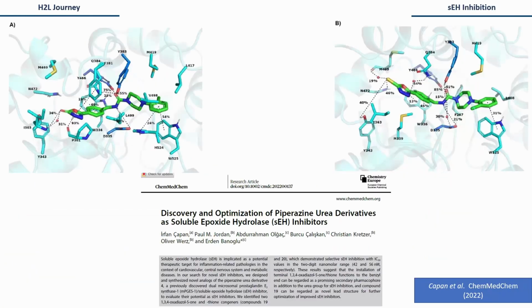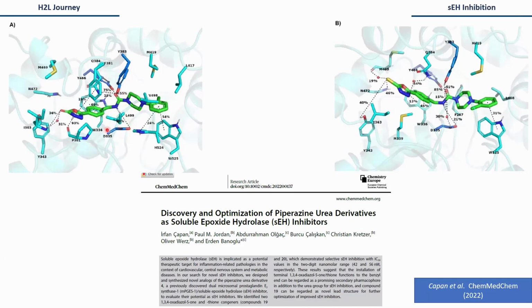And here I'm showing a study that we conducted on soluble epoxide hydrolase. In this work, we were able to keep the interactions with the important residues that are catalytically important. So these two tyrosine residues and aspartate here. These hydrogen bonds were also kept during molecular dynamics simulations.